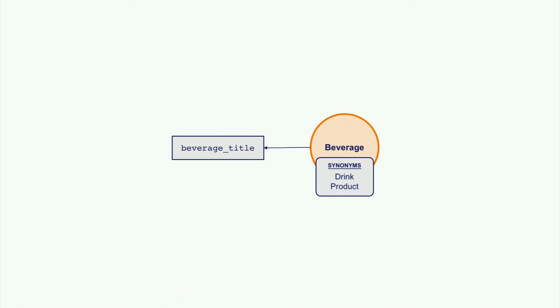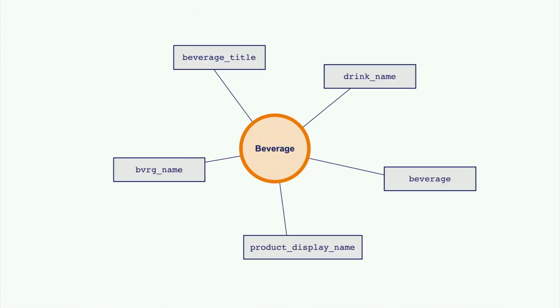Anytime you associate a field with that data role, that field can inherit the semantic properties of that role. So you define the semantic properties in one place, and they automatically get inherited anytime you have a new field that's related. You might have several different fields across many different data sources, all linked back to the same notion of beverage, and they all inherit the same semantic properties.